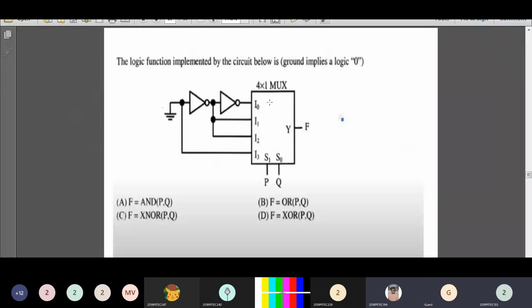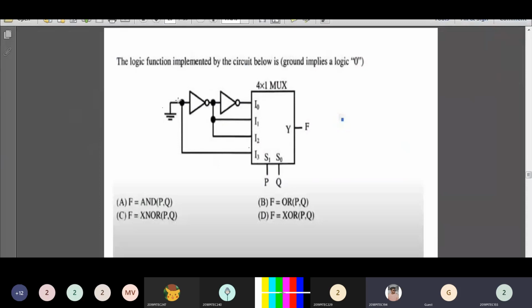The logic function implemented by the circuit below is, this is a 4 cross 1 multiplexer. Output is F and your selection inputs are P and Q, and you'll be having 4 input lines I0, I1, I2 and I3. First you have to find out what is I0. Before that, 2 NOT gates are connected.